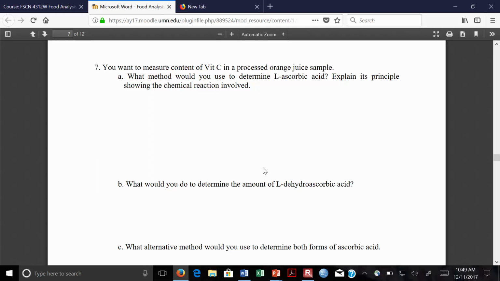What alternative method would you use to determine both forms of ascorbic acid? Alternative method. We talked about the fluorometric method. And in this method, you actually oxidize all L-ascorbic acid to dehydroascorbic acid.